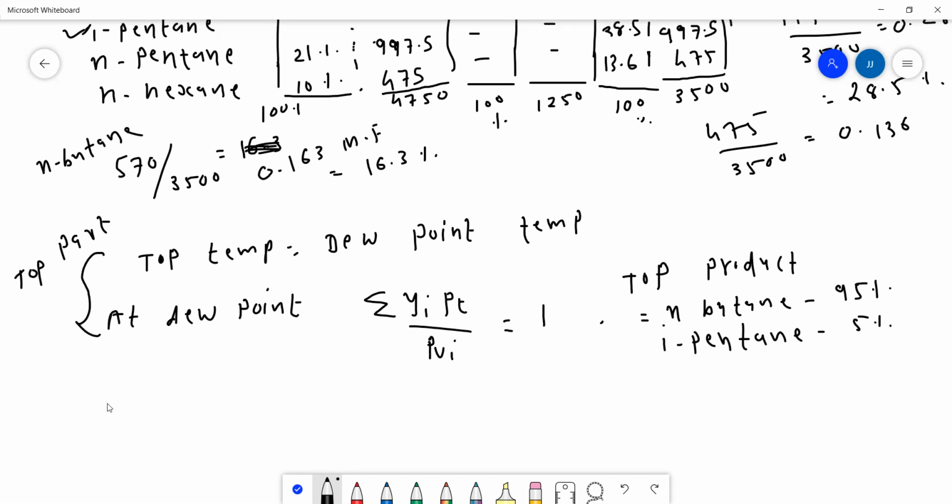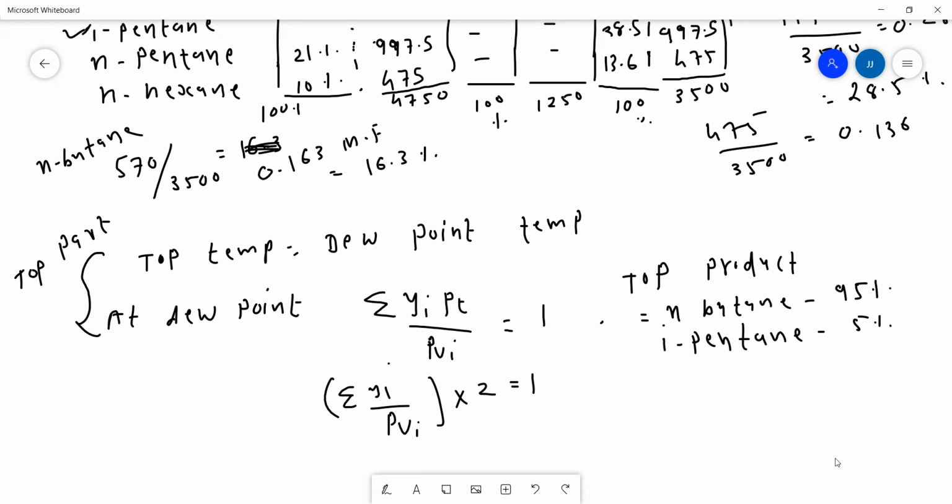So we have this total pressure. Total pressure is 2 atmosphere, as mentioned in the problem statement, and it is constant. So we can write the summation of yi divided by Pv, the vapor pressure of the individual component, multiplied by 2, the total pressure, which I have taken common. This should be equal to 1.